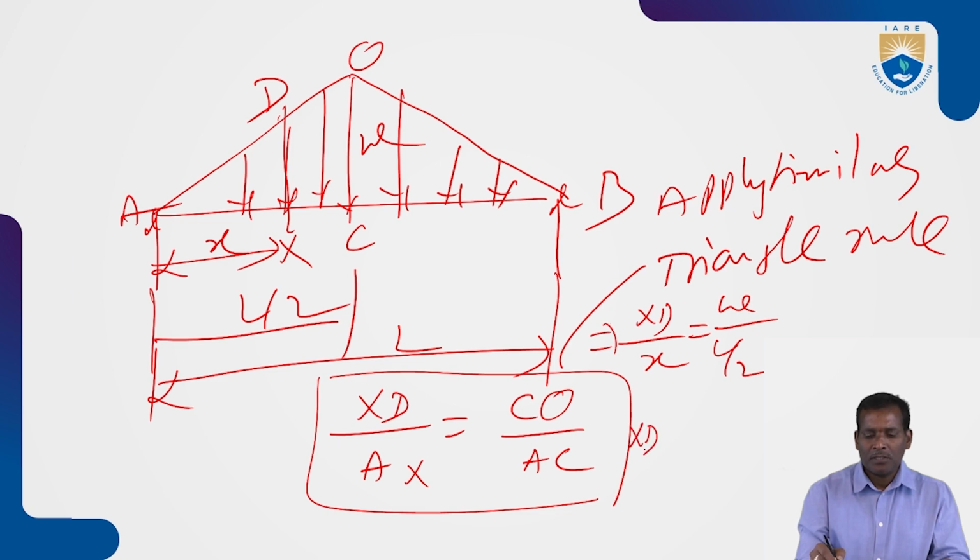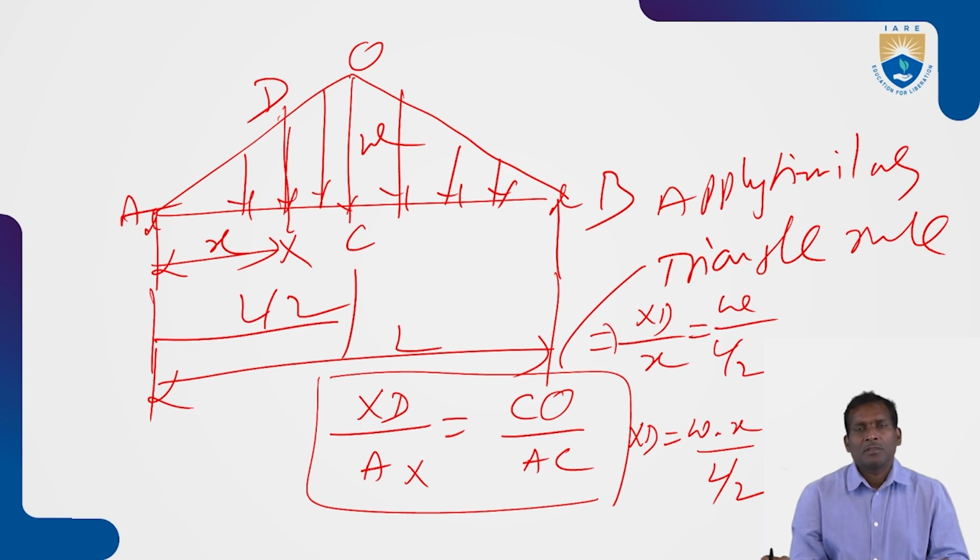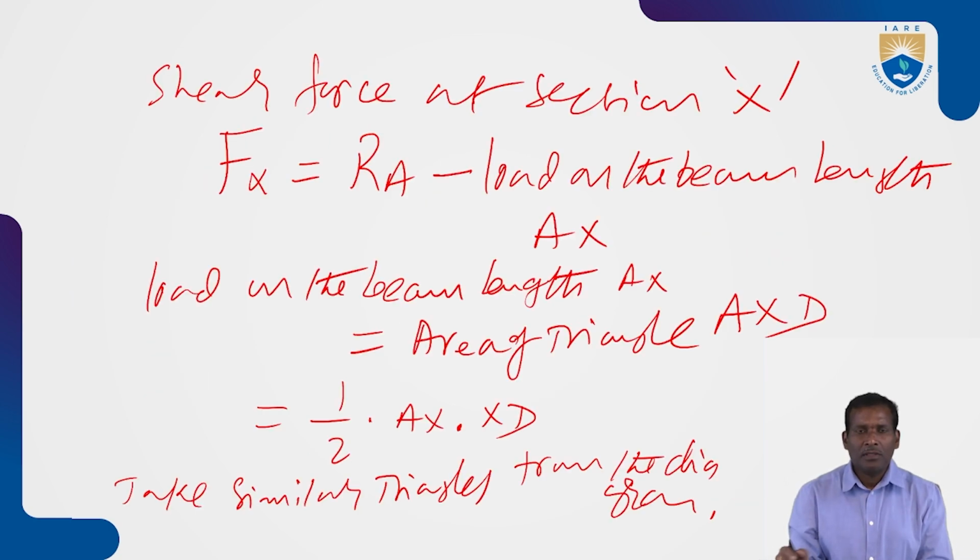So XD is equal to W into X by L by 2. Now take this value and substitute it in this.